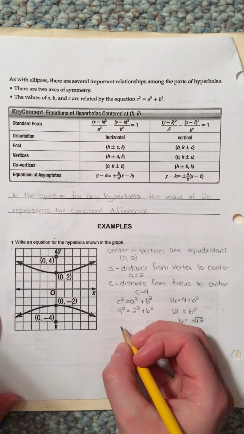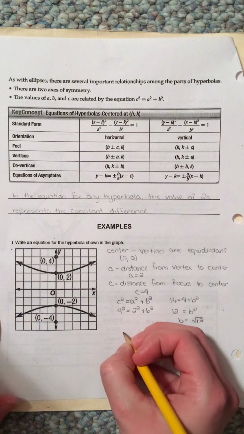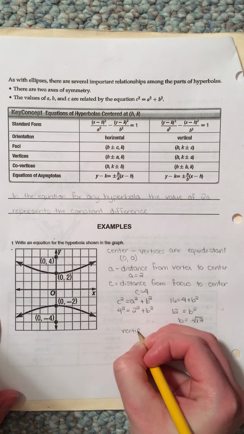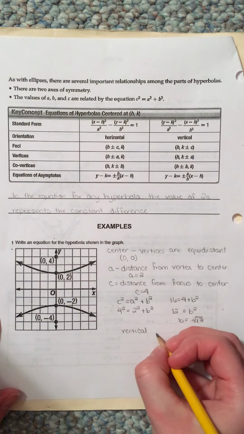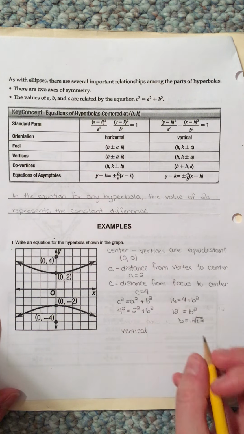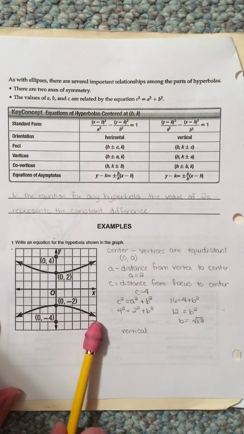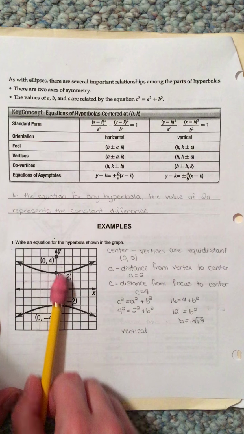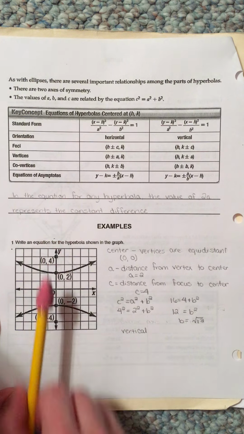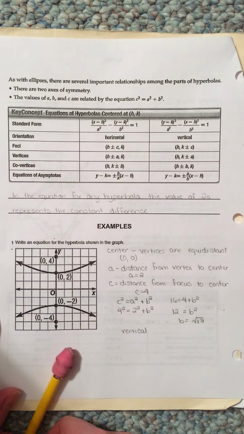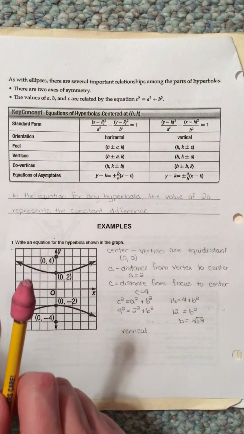Now, I know that this is a vertical hyperbola. Even though my lines are going in kind of a horizontal pattern, the line that cuts them both down the middle, the axis of symmetry in this case, is going to be vertical.